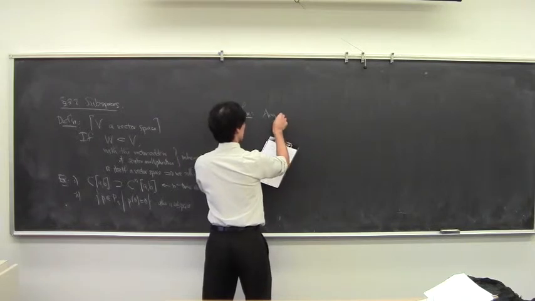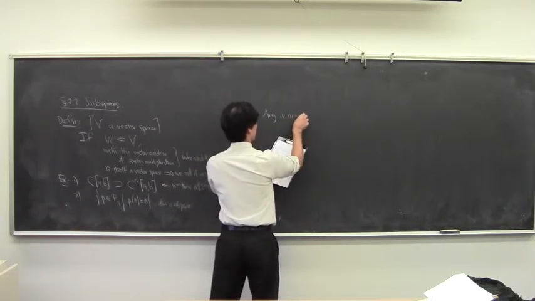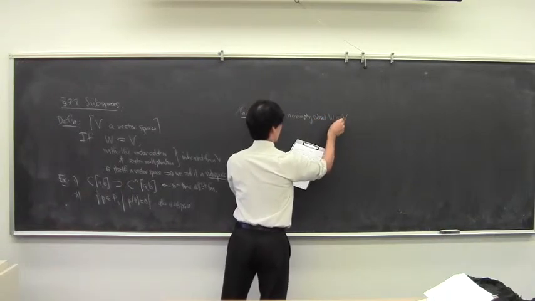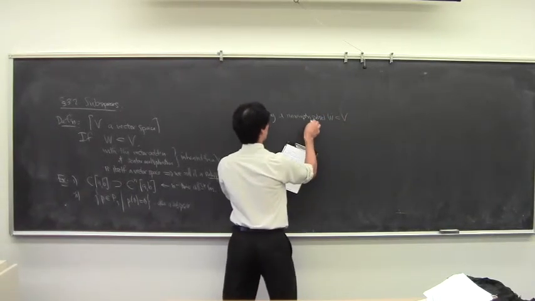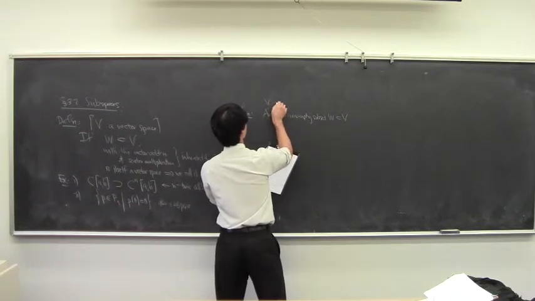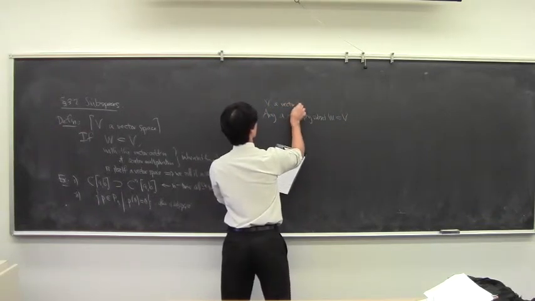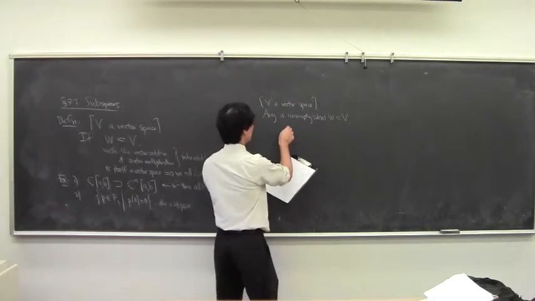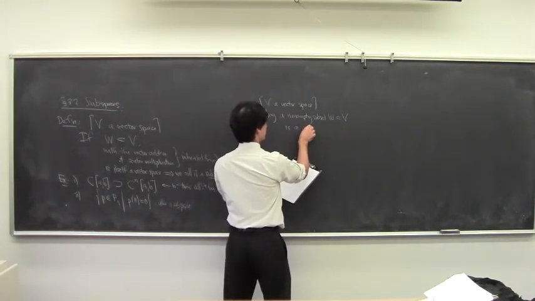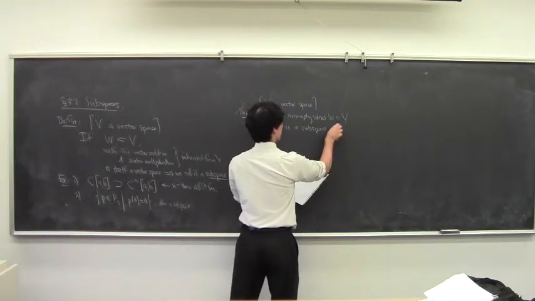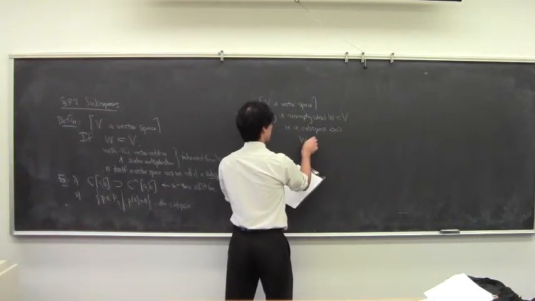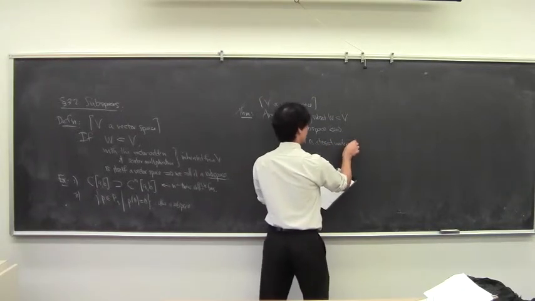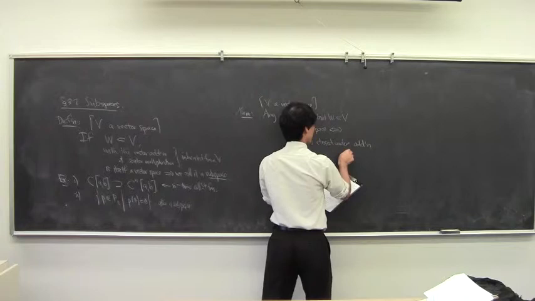Basically, any non-empty subset W of a vector space V is a subspace if and only if W is closed under addition and scalar multiplication.